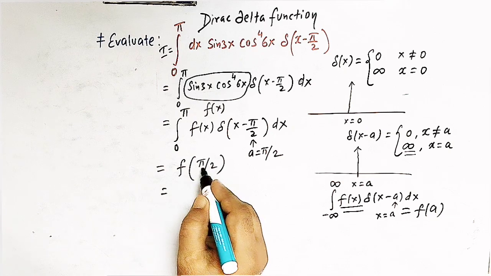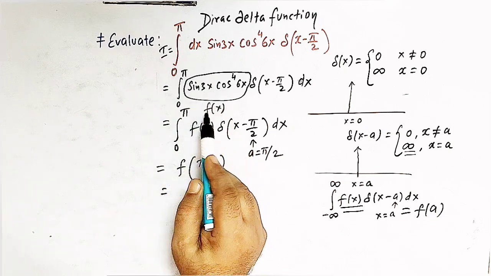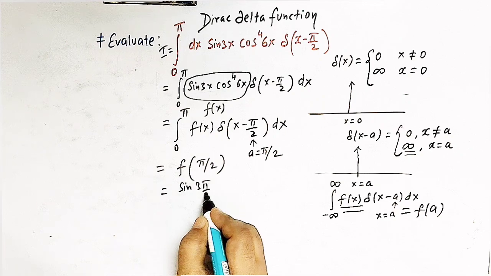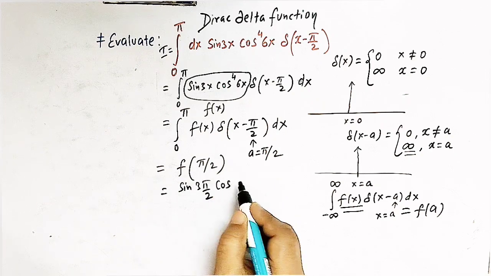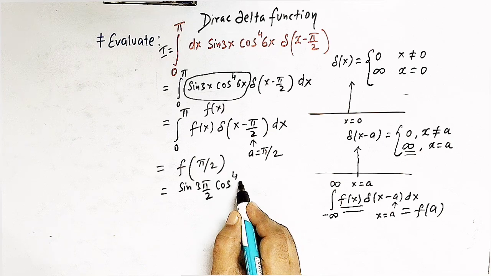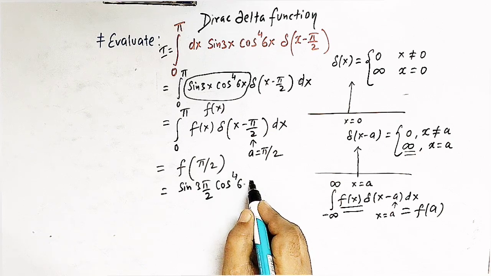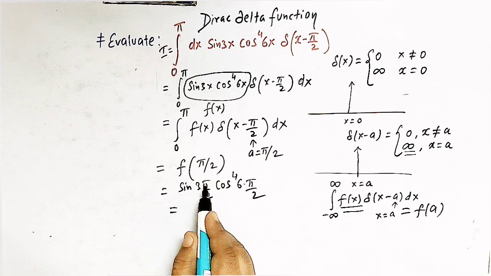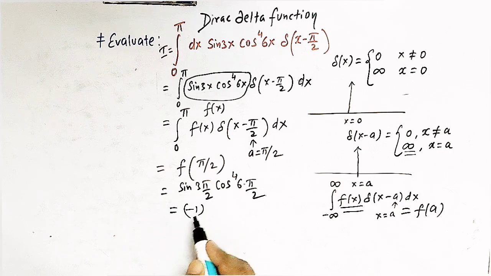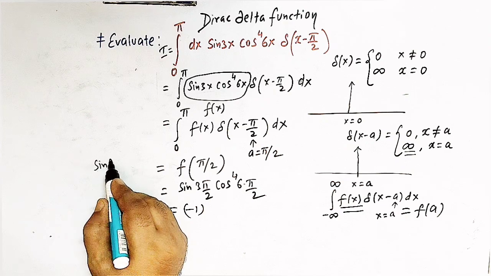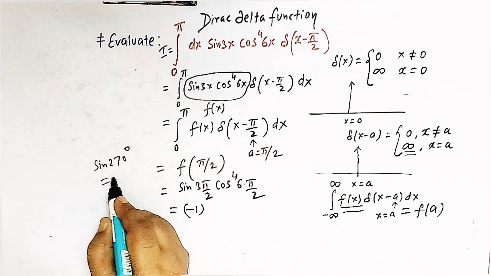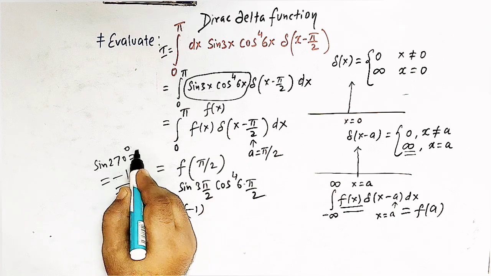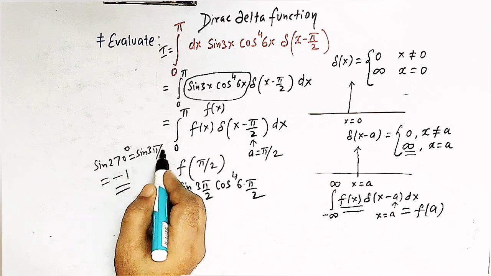So we'll take x equal to pi by 2 in f of x. So we can now write sine 3 pi by 2, and then we have cos raised to 4 of 6 times pi by 2, right? So sine 3 pi by 2 has value minus 1, because sine 270 degrees, which is 3 pi by 2, is equal to minus 1.